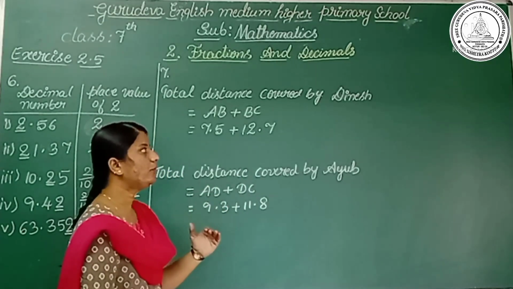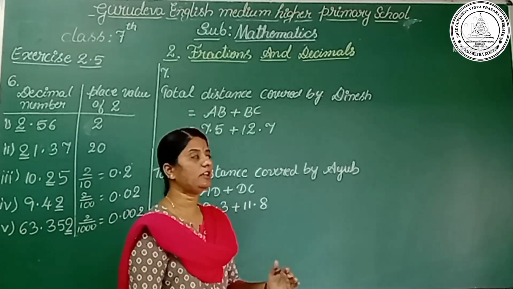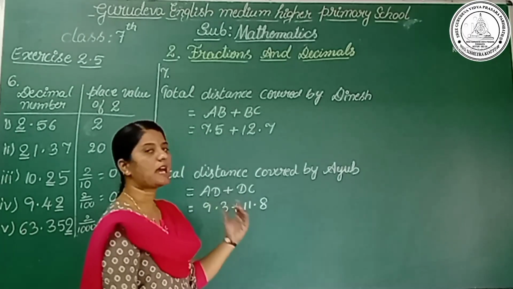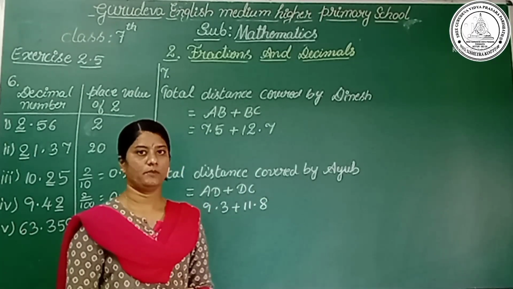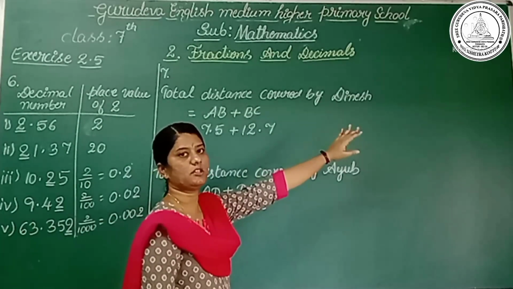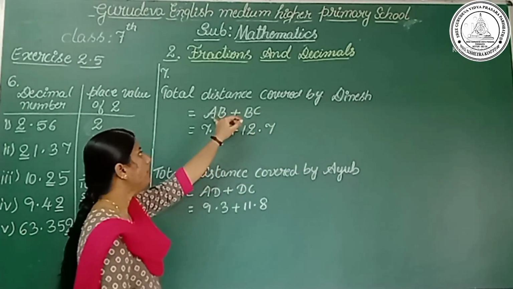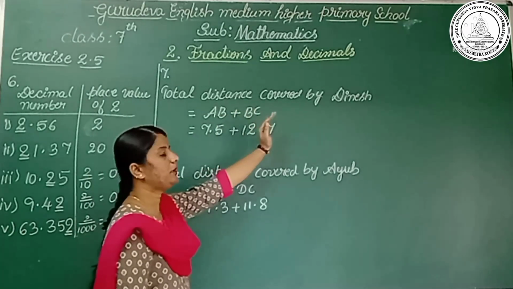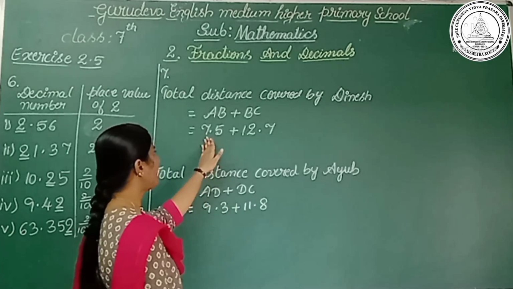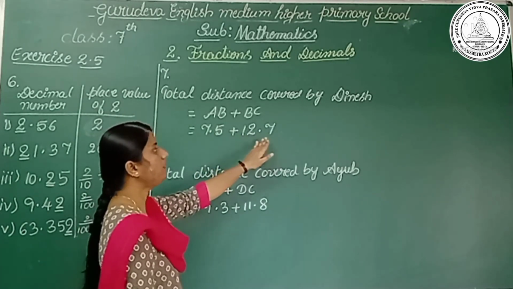So here we have to find the total distance traveled by Dinesh and Ayub, and say who traveled more and by how much. Let's write here the total distance covered by Dinesh. Dinesh moved from place A to B and place B to C. So the total distance covered by Dinesh is 7.5 plus 12.7.